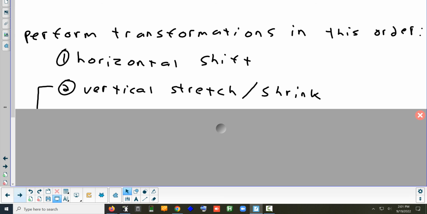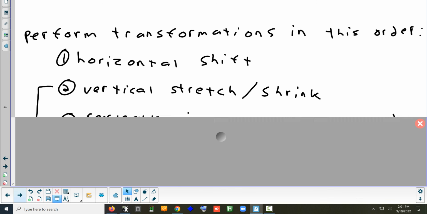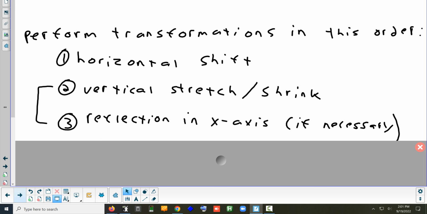The second one we write down is any vertical stretches or shrinks. And technically, these are all if necessary. You may not have certain transformations in every problem. So I'm not going to write if necessary after all.